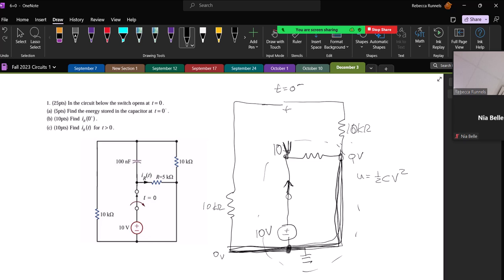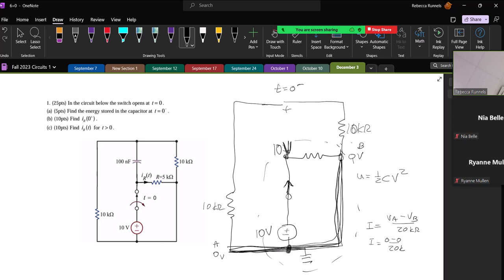If I tried to see if there was any current going between, say, point A and point B, then I would say that my current equals VA minus VB over the resistance in between them, which is 20 kilo ohms. But that would be 0 minus 0 over 20 kilo ohms.